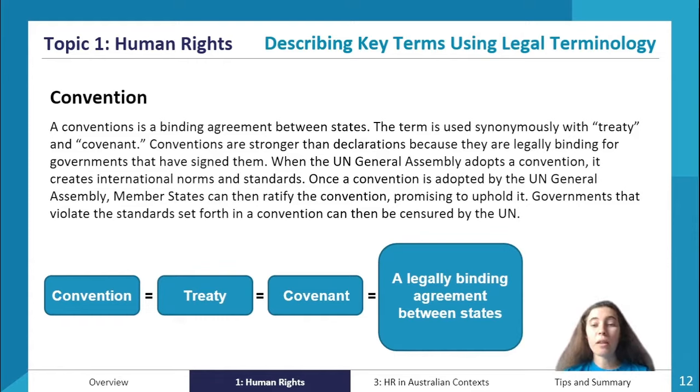But governments that violate the standards set forth in a convention can face some kind of consequences from the UN as a result of that, because they've made this legally binding agreement. They've introduced potentially legislation that upholds the ideas that are contained in the convention, but then if they violate that, then they would face some kind of sanctions as a result.